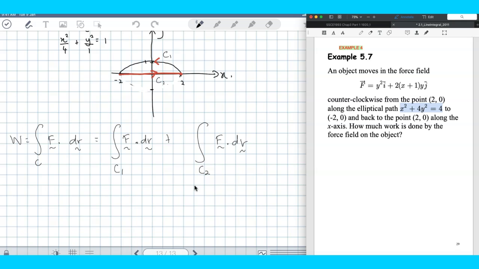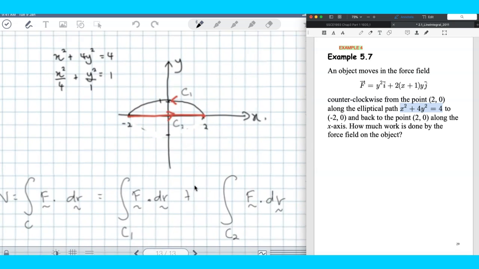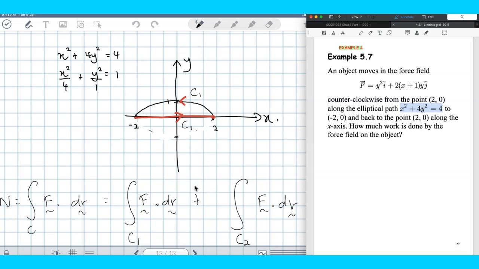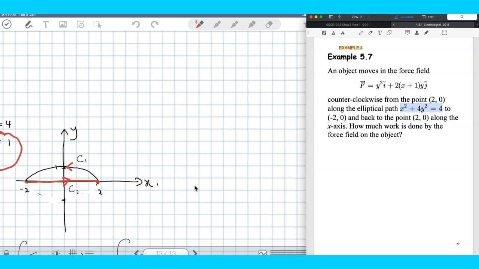Look at C1. The C1 is based on the ellipse equation here, so we have to convert it into a parametric equation, or provide r(t) for C1.